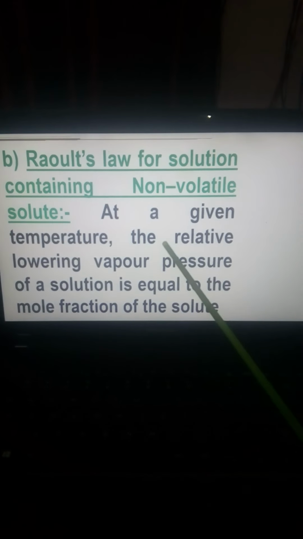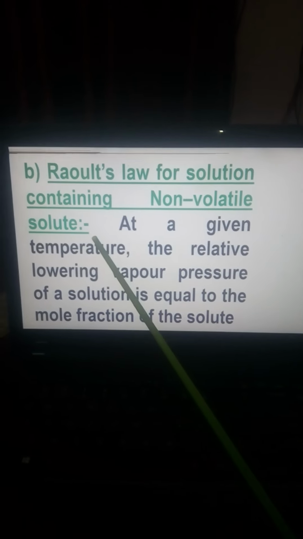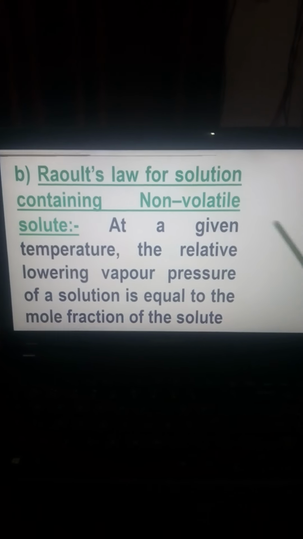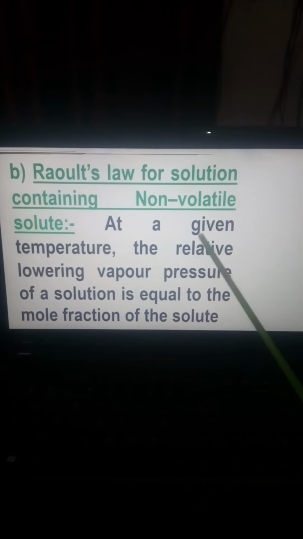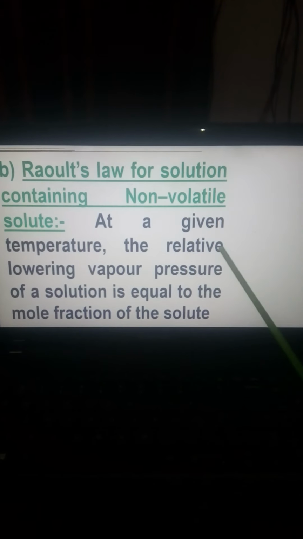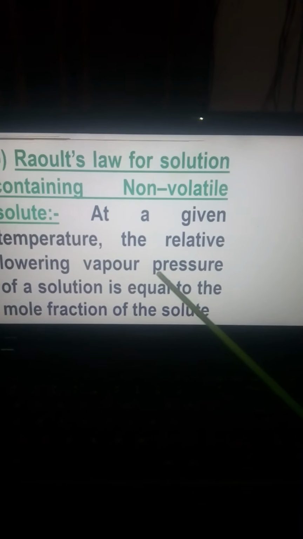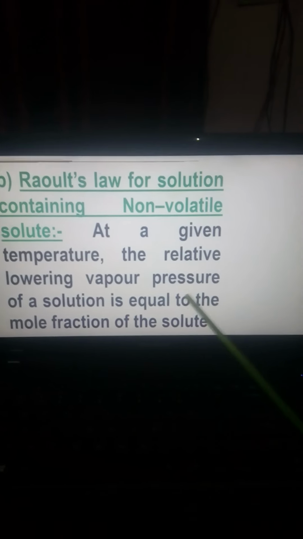Whenever we add a non-volatile solute to a solvent to prepare a solution, the vapor pressure of the solution will be lesser than the vapor pressure of that solvent in its pure state. That is called lowering of vapor pressure.